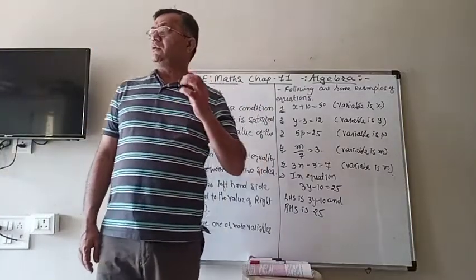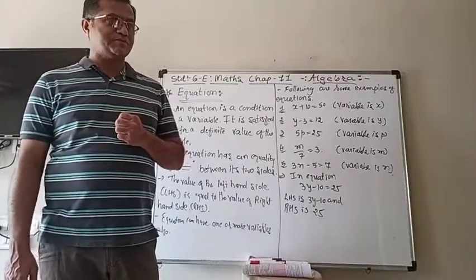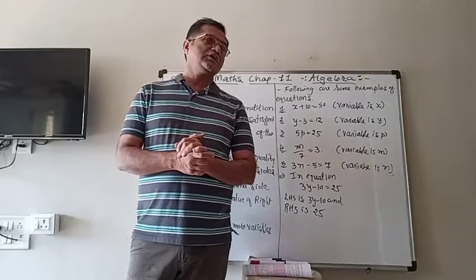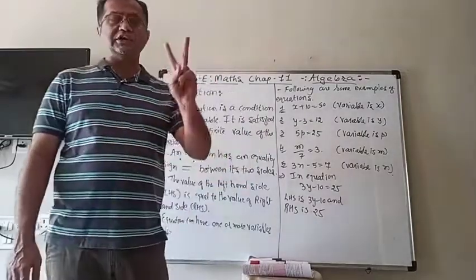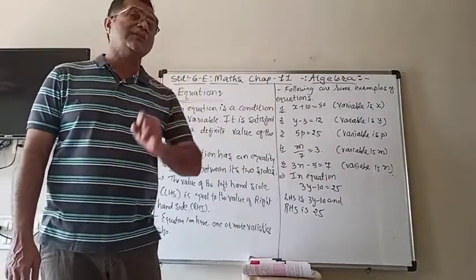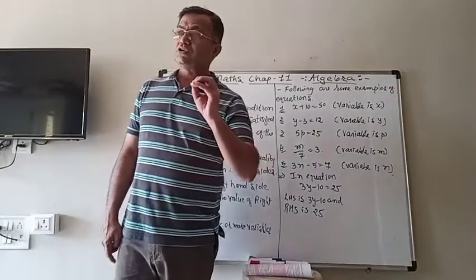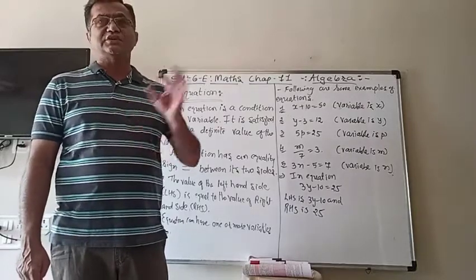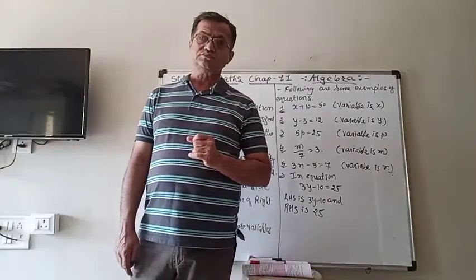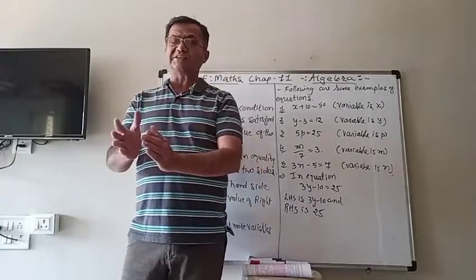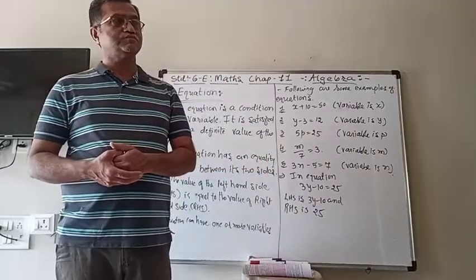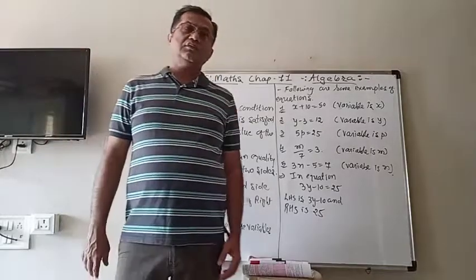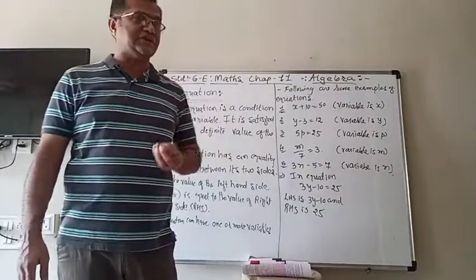Now in the matchstick pattern we saw the general formula: to make one L, we required two matchsticks, so the rule to make L's is 2n, where n is the number of L's formed. That was very simple. That was the expression.